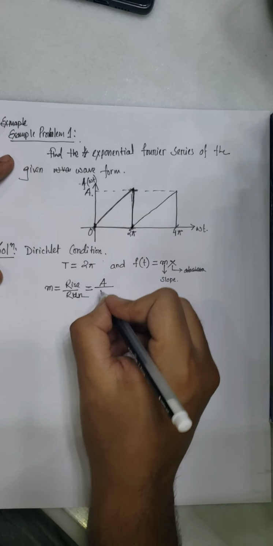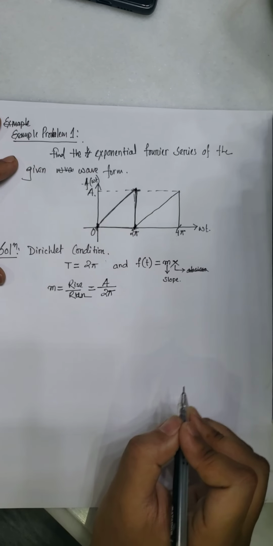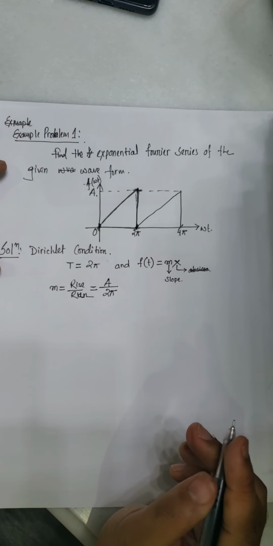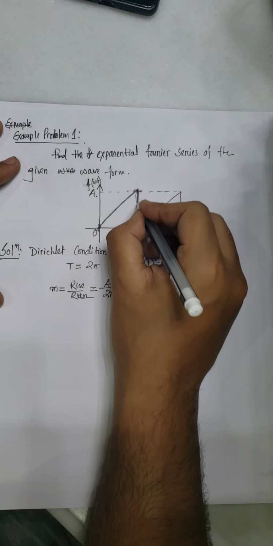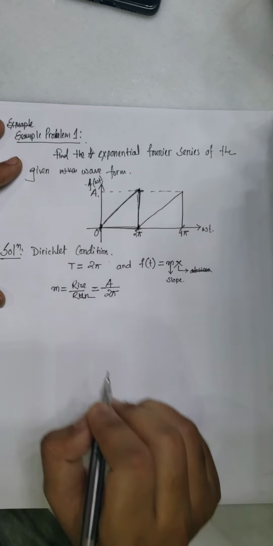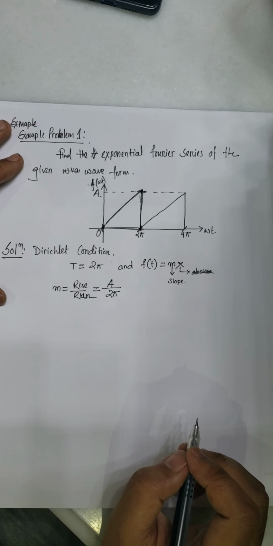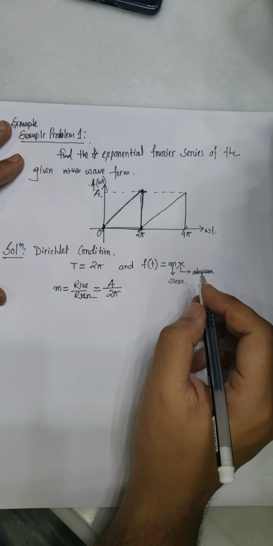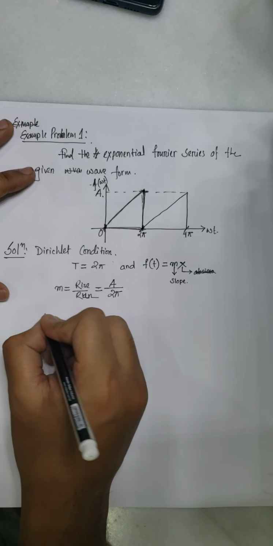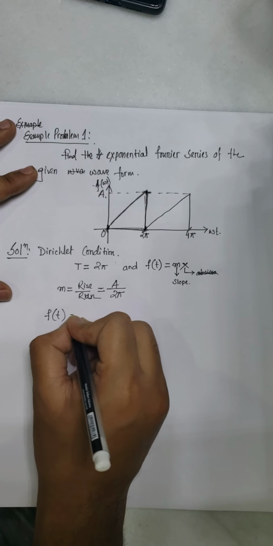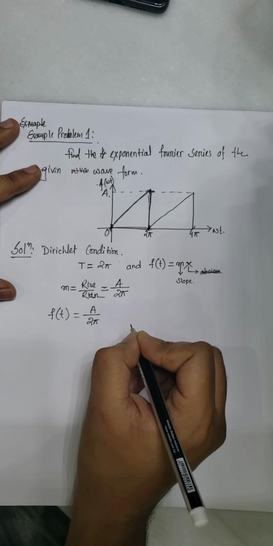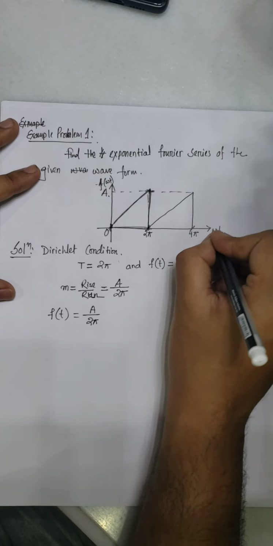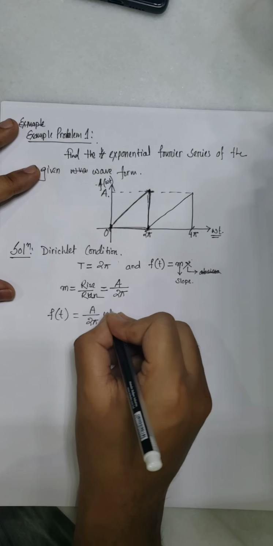That is, here it is 2 pi. Hope you understand this. Otherwise, we can also say it to be the tangent of this value and this value. And x remains as it is. So in our case, f of t becomes the slope, which is A over 2 pi, and x here is omega t.